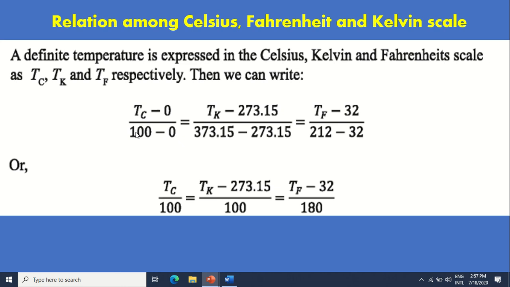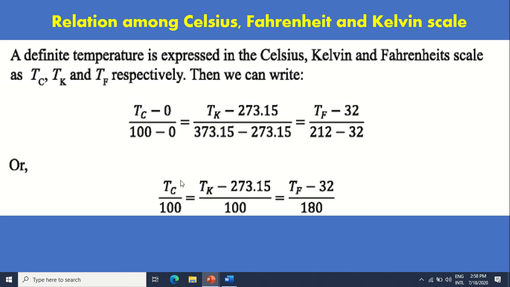In the centigrade scale, the fundamental difference is the difference between the upper fixed point and lower fixed point. The upper fixed point is 100 degrees Celsius and the lower fixed point is 0 degrees Celsius. Here the upper fixed point is 373.15 and the lower fixed point 273.15. Here the upper fixed point is 212 and the lower fixed point 32.